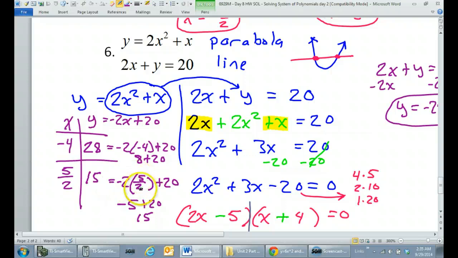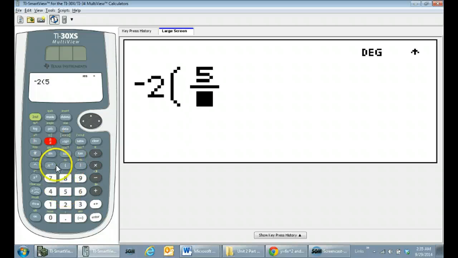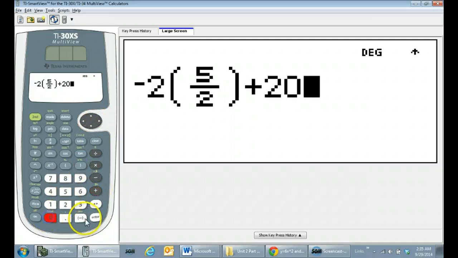So negative 2 times 5 over 2 plus 20. And what do you know? 15, just like I said.